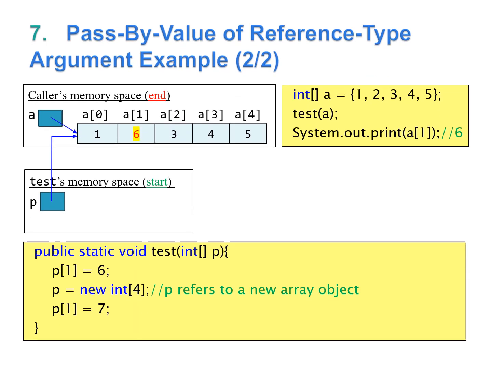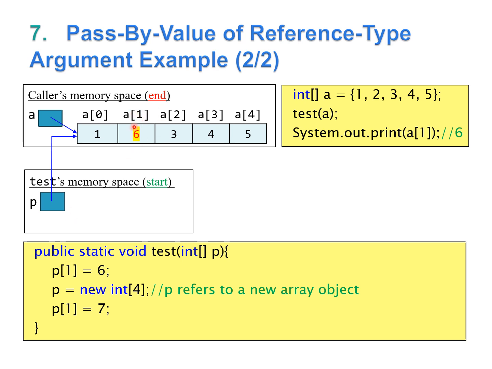So when method test assigns p[1] to 6, the value of element a[1] in the caller is also changed to 6 because at this point p[1] is the same as a[1].